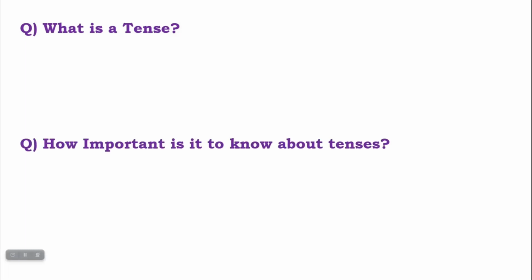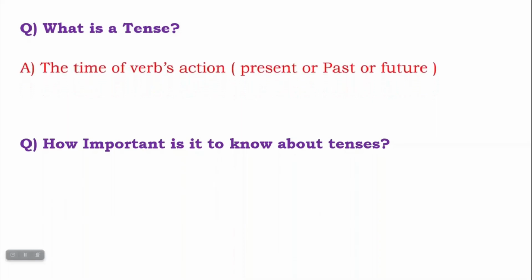Next, let's learn what a tense is and how important it is to know about tenses. It's a state of being, such as the action happening in the present, in the past, or in the future. It tells us the timing of the action. Suppose I say, yesterday I will go to a movie.